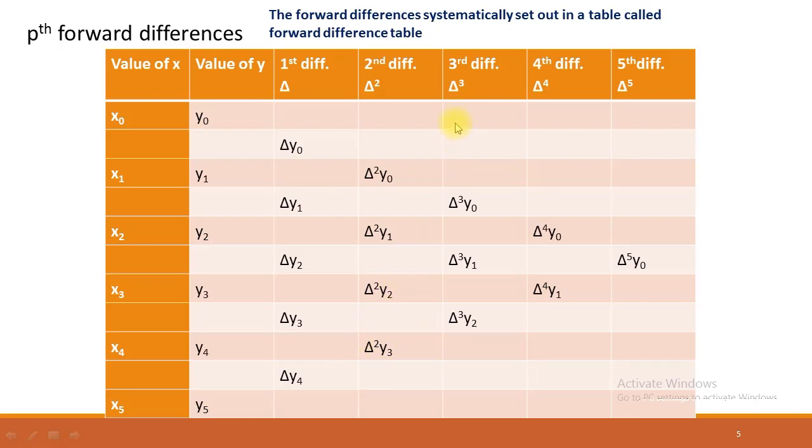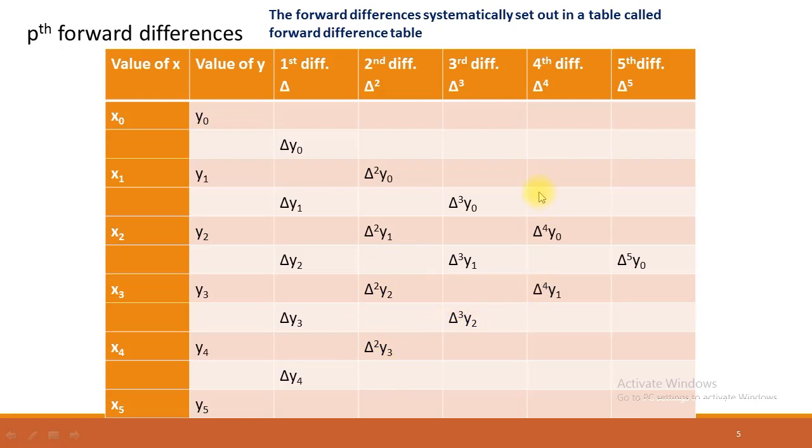And for the third differences column, subtract delta square y naught from delta square y1, we get delta cube y naught, and delta square y1 from delta square y2, we get delta cube y1, and then subtract the delta square y2 value from delta square y3, we get delta cube y2.